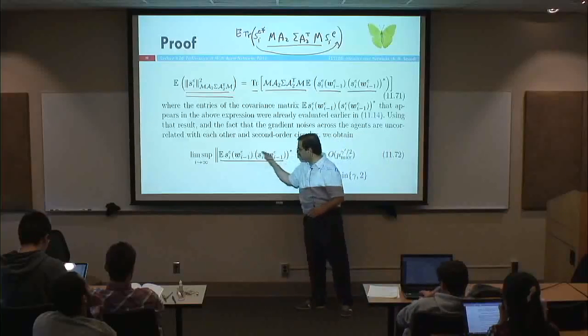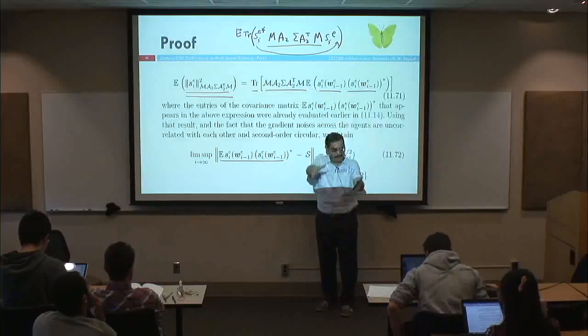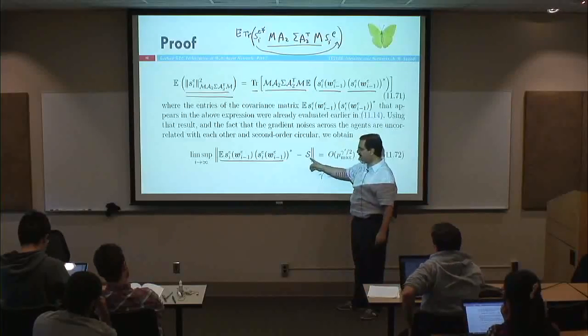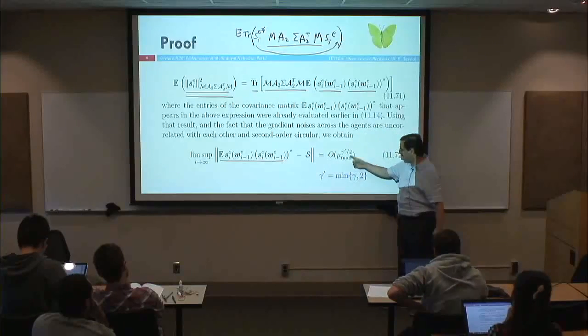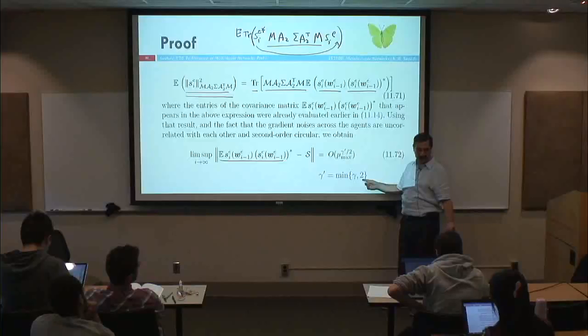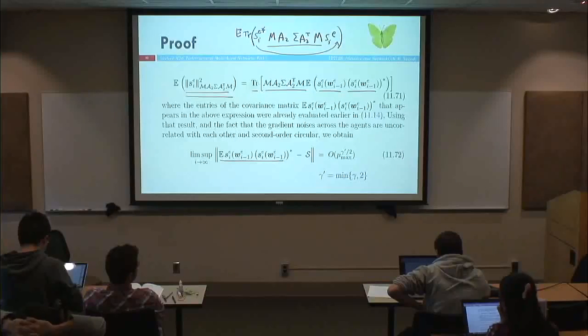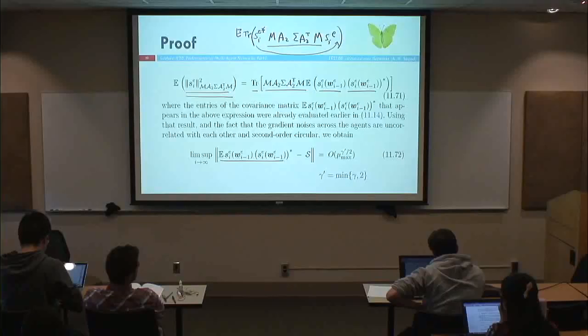But this is the covariance of all the S's together, and it is related to S by this much. And the gamma prime was the mean of gamma 2, correct? Okay. Very good.